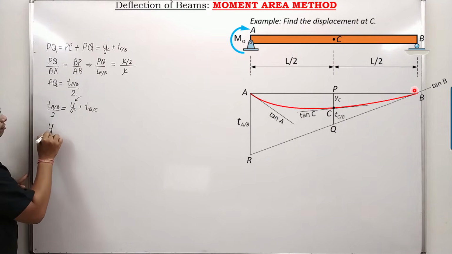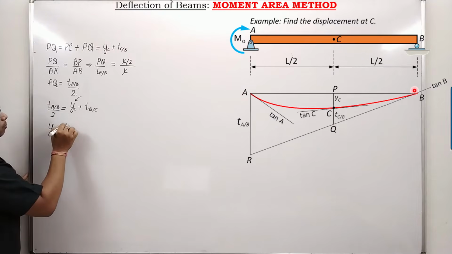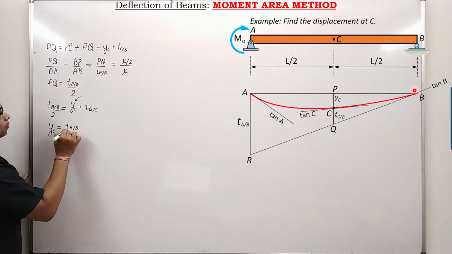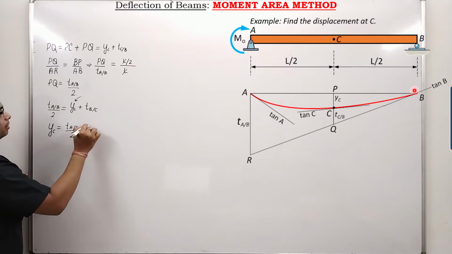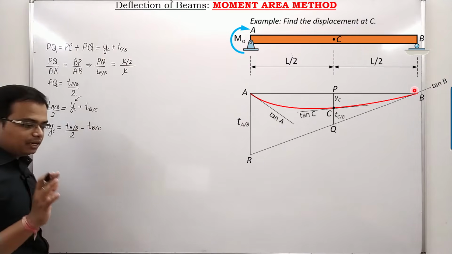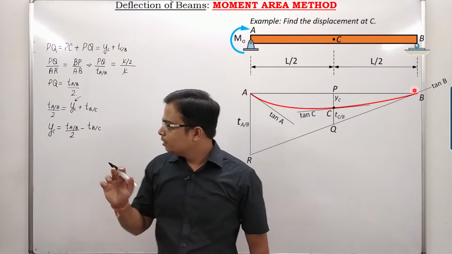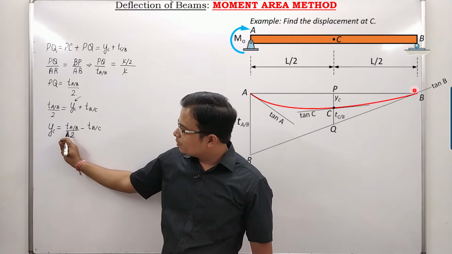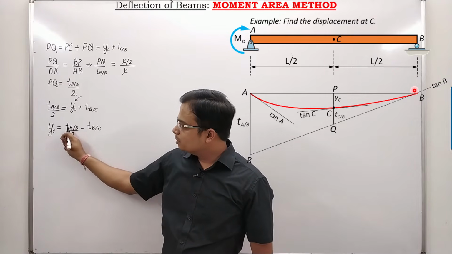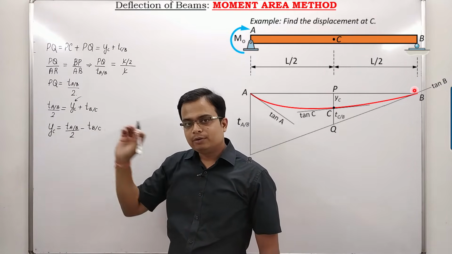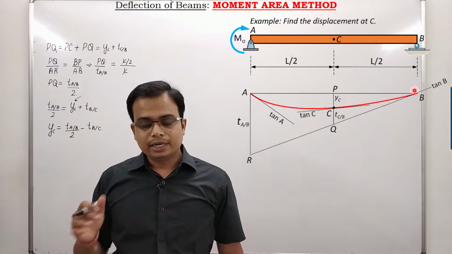Just shift. YC is equal to, obviously now, TAB divided by 2 minus TBC. So the objective is very clear. In order to get the value of YC, you need to work out TAB and TBC. Since both of them are displacements, you need to apply the displacement theorem, right?